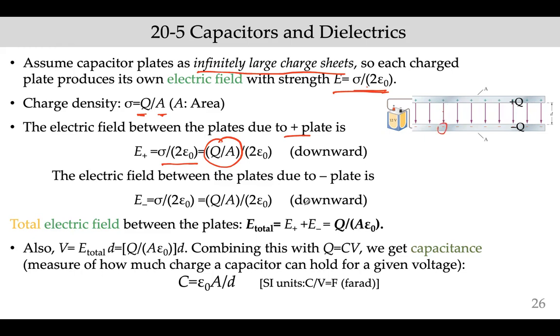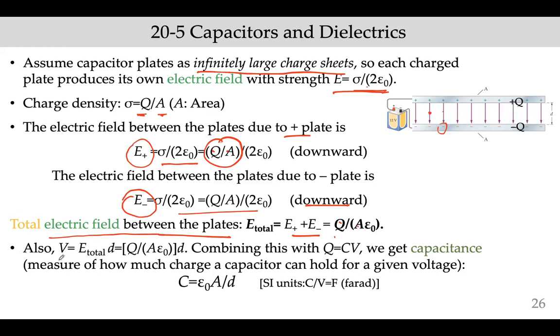So it will again be in the downward direction, and the magnitude will be the same. Now the total electric field between the plates will be the addition of these two. We have Q divided by A divided by 2 epsilon 0 for each, so just multiply by 2, and we get Q divided by A epsilon 0. So this is the electric field strength in the middle region.